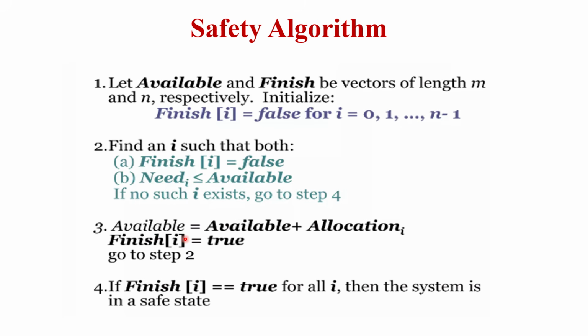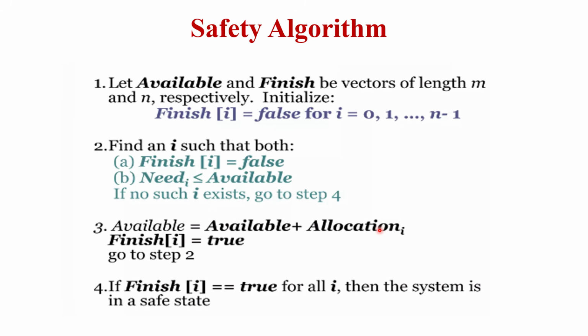To update the available, we make Finish true, which means we have completed that work. When our need is less than or equal to available, we update the available value as old available plus allocation of the current process.